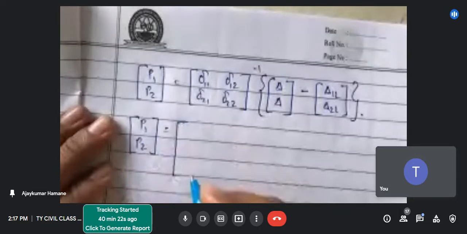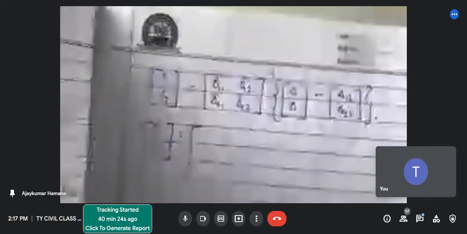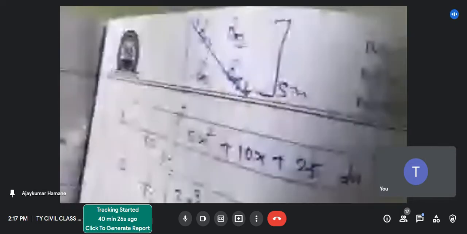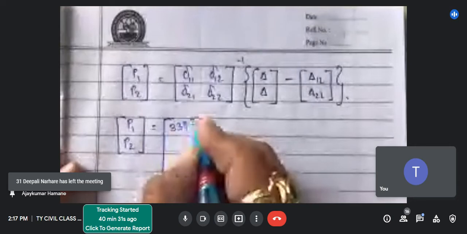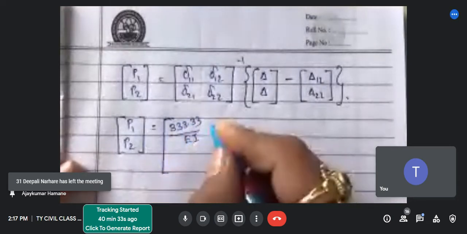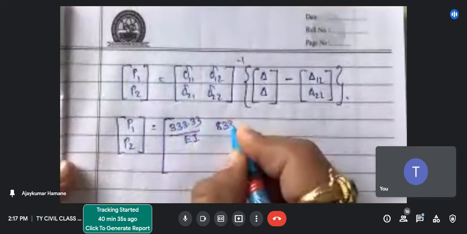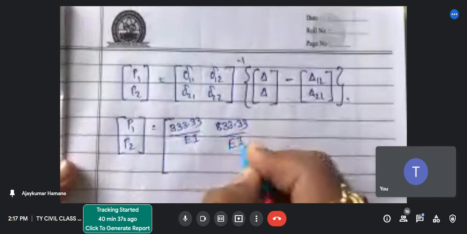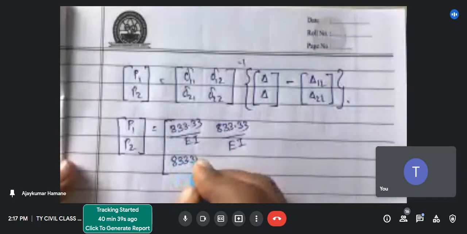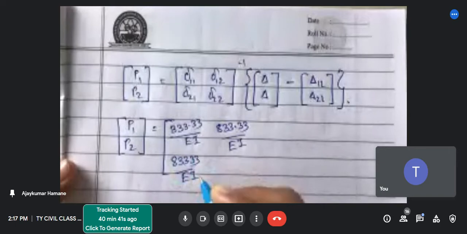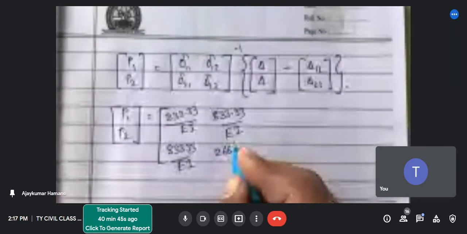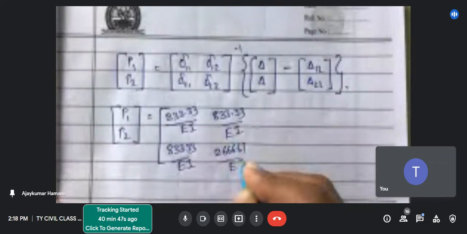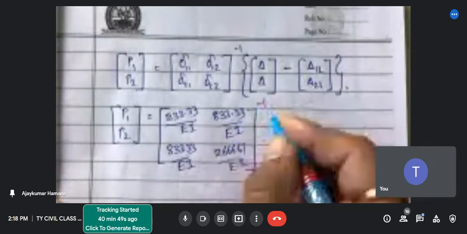So delta 1 is what? 333.33, correct? 333.33 divided by EI. This one is 833.33 divided by EI, 833.33 divided by EI. This will be 266.67 divided by EI, inverse of this matrix.